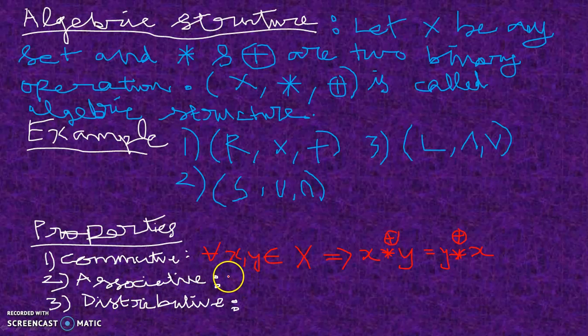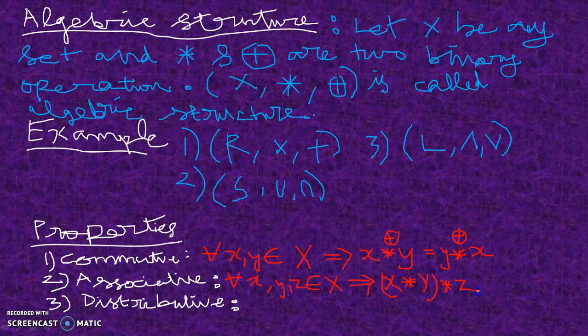Okay, so what does the associative property say? For all three elements I'm taking, x, y, z, belonging to the particular set in the algebraic structure, implies we can associate in any way. First I am associating x and y, then I am associating z.